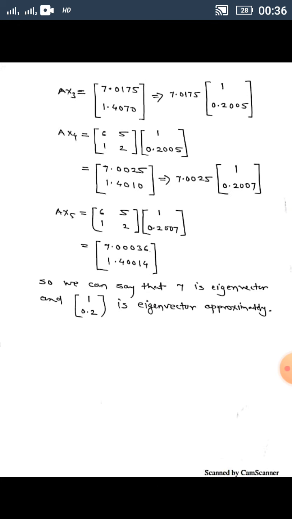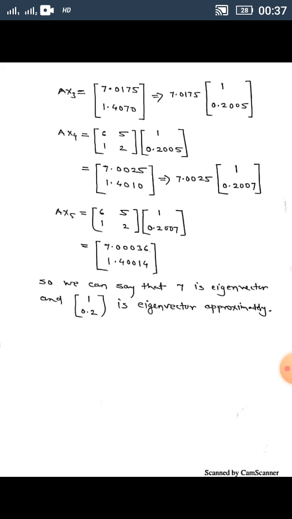Now again 7.0175 is the maximum value we can take outside. So 7.0175, 1, and 1.4070 divided by 7.0175 is 0.2005. So 7.0175 is the eigenvalue and 0.2005 is the eigenvector.